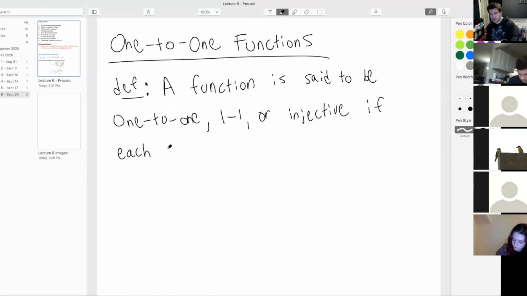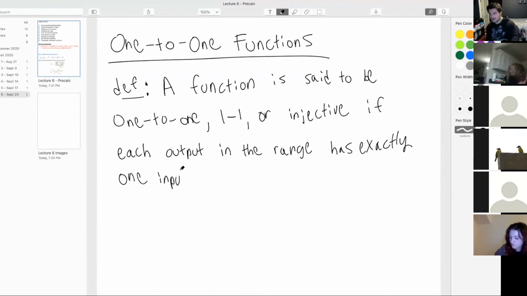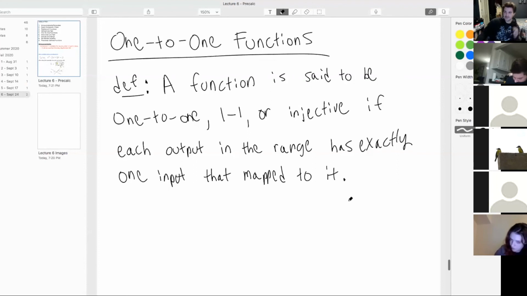So a function is said to be 1-to-1, 1-1, or injective if each output in the range has exactly one input that mapped to it. Okay, so it's sort of like the definition of being a function, but from the perspective of the inputs.